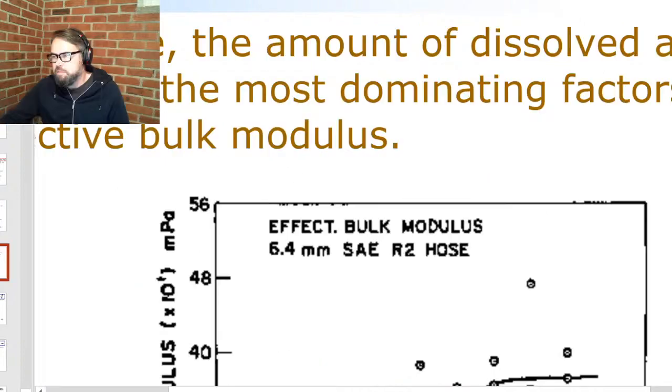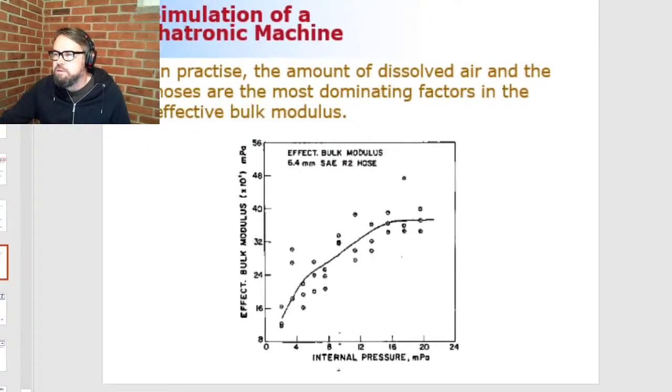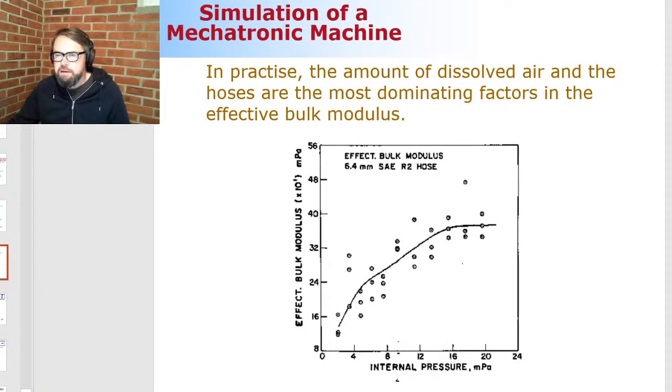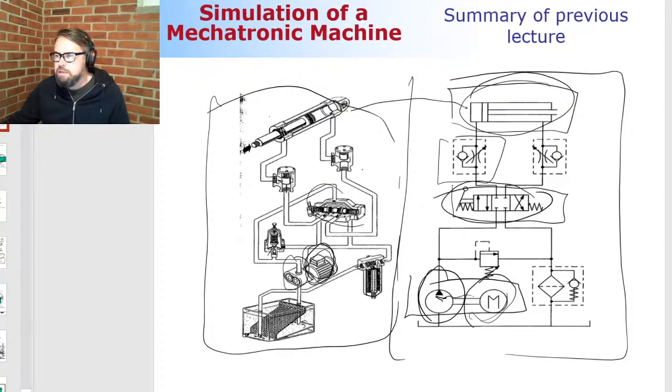If I move back to my hydraulic circuit, this one here, these pipelines or lines that are connecting different components together may be made out of steel pipes or rubber/steel hoses.